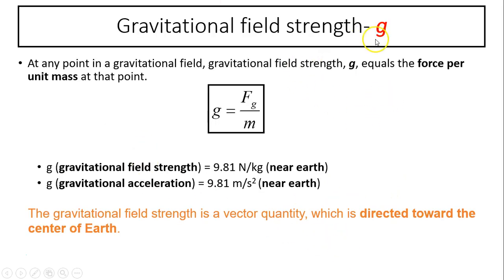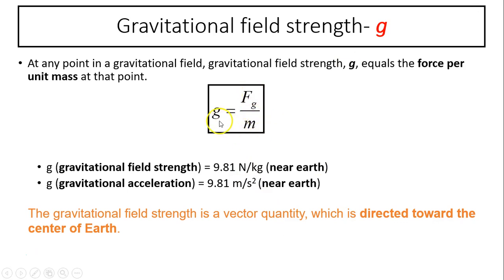Gravitational field strength, g. We have known g as gravitational acceleration. A lot of people think g is gravity. g is not gravity. g is gravitational acceleration. g is the same for all objects. On the other hand, gravity is different for objects with different mass. At any point in a gravitational field, g is equal to the force per unit mass, Fg over m. That's called gravitational field strength.